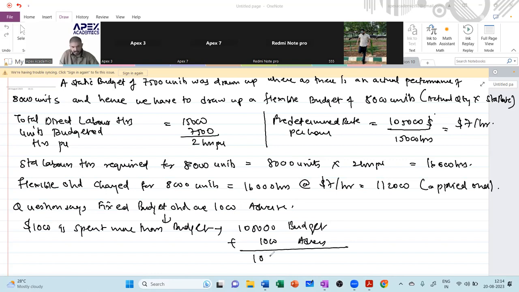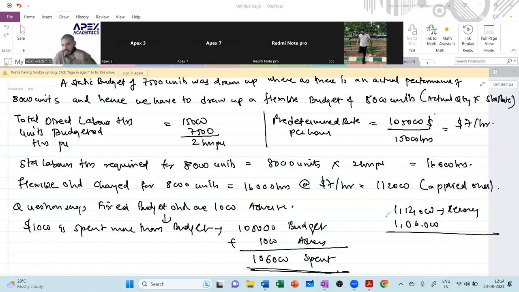What is this? 1,06,000 is spent. What is your spending? 1,06,000. How much did you recover? This is your recovery. How much you spent? 1,06,000. So by spending 1,06,000, you got an output of 1,12,000, which shows that 6,000 was over applied, over recovered.